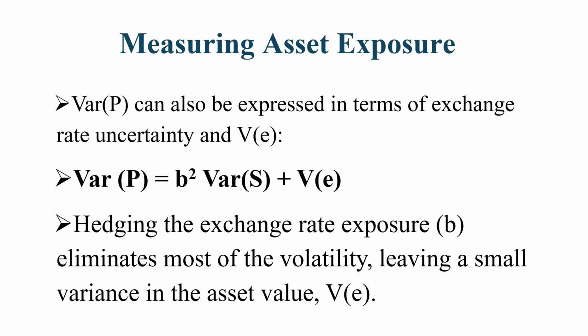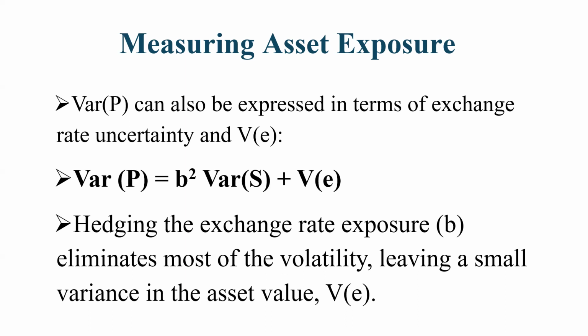B squared multiplied by variance of S represents the variance in the asset value associated with the exchange rate volatility. And variance of E equals the variance in the asset value remaining after hedging the exchange rate exposure. Note that the variance remaining is typically much lower than B squared variance S. And again, B squared variance S is the variance in the asset value associated with the exchange rate volatility.